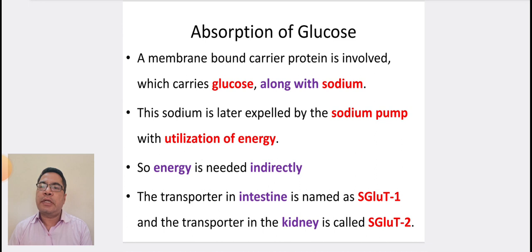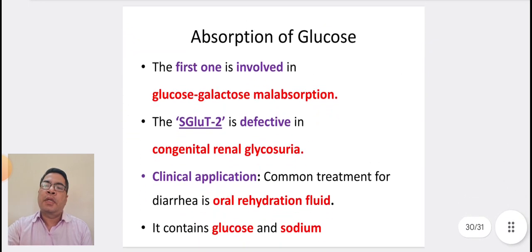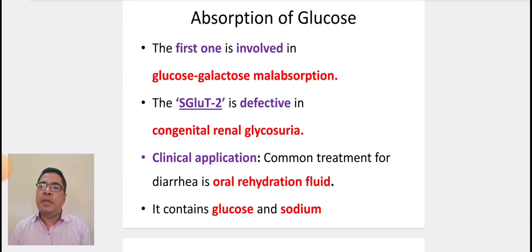So energy is needed indirectly. The transporter in the intestine is named SGLT1, whereas the transporter in the kidney is called SGLT2. The first one is involved in glucose galactose malabsorption, whereas SGLT2 is defective in congenital renal glycosuria.